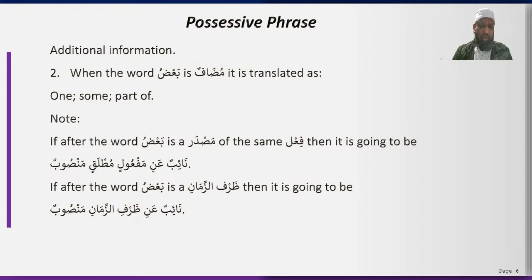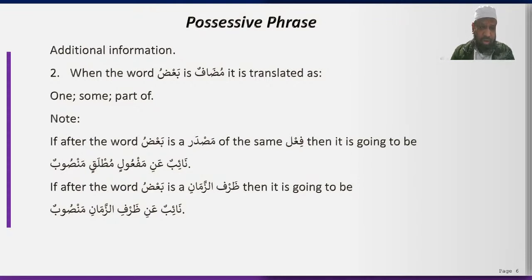If after the word ba'du is a masdar of the same fi'l, then it is going to be na'ibun an maf'ulin mutlaqin mansubun. If after the word ba'du is a ظرف الزمان, then it is going to be na'ibun an ظرف الزمان mansubun. Same as kullu. So these are the additional information about the word ba'du.